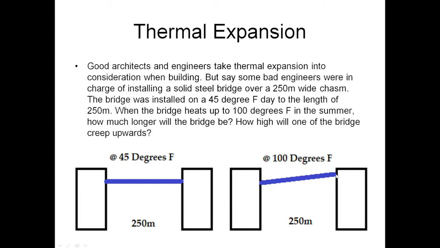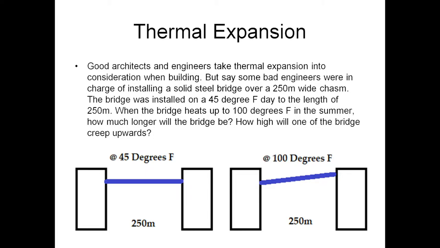And it's up to us to figure out how elevated the far right side of this bridge is. Because if it shunts upward on one side like this, now it's above where it's supposed to be on the other side. And depending on how much it shunted upwards, maybe it's a few inches and a car can drive over it.